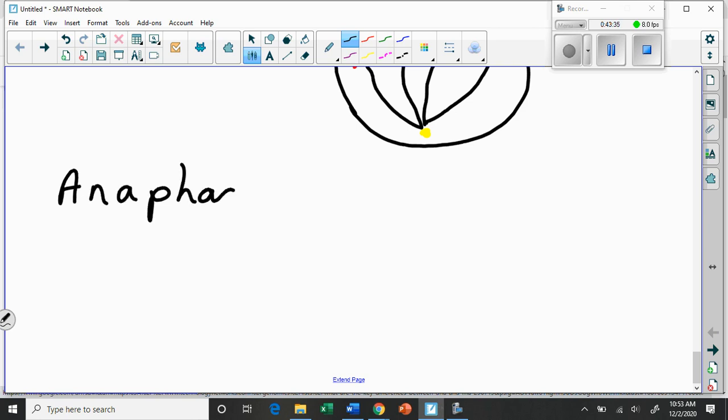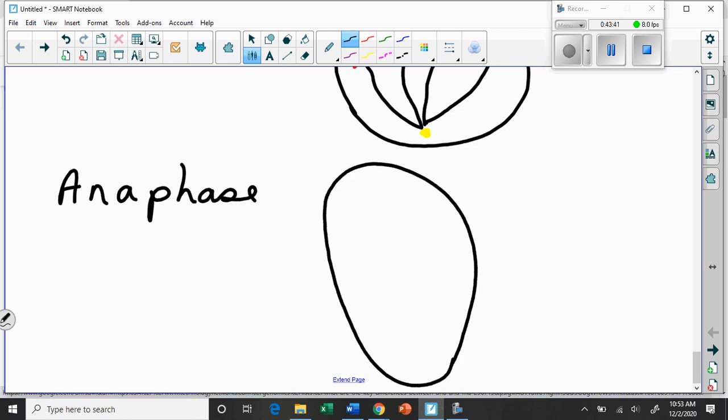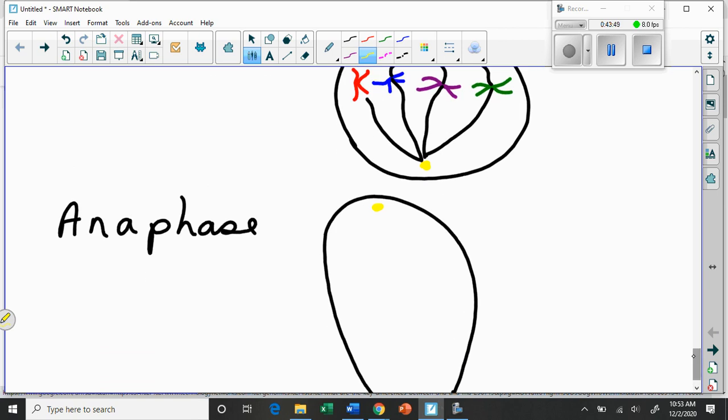In anaphase, the cell begins to stretch. So we have an elongated cell. It's definitely stretching a lot. As it stretches, the centrioles are pulling on the spindle fibers, which are causing the little copies, so red first, to be yanked by the middle. They tend to look like little V's because they're being pulled by the middle, like this.